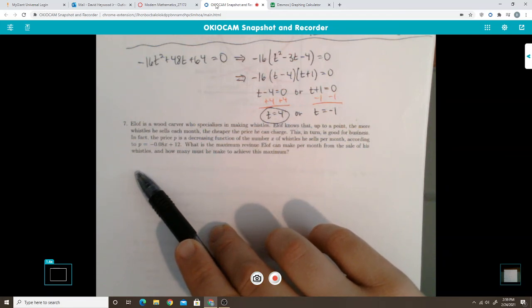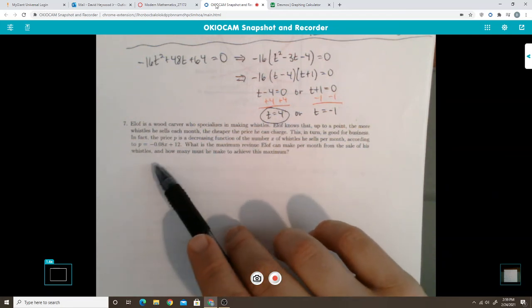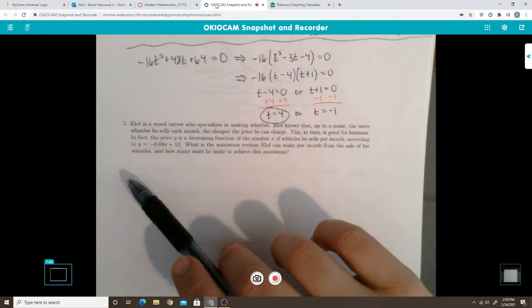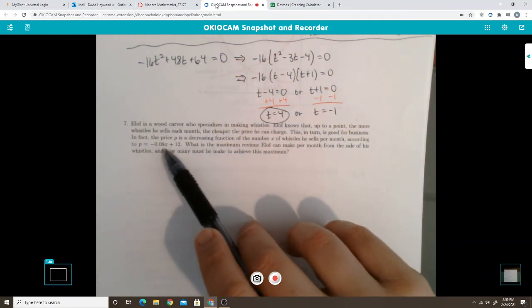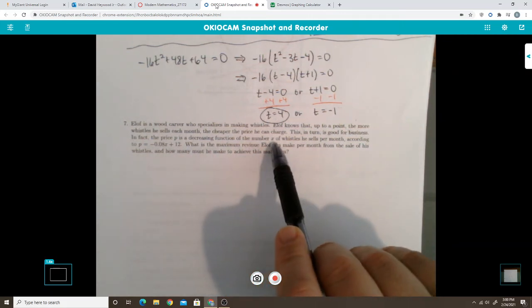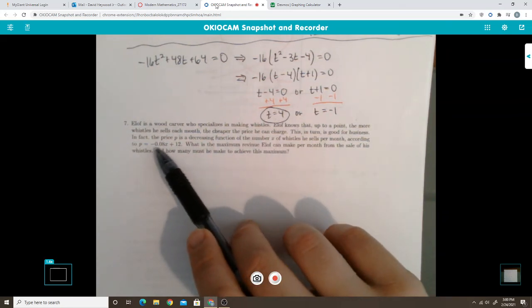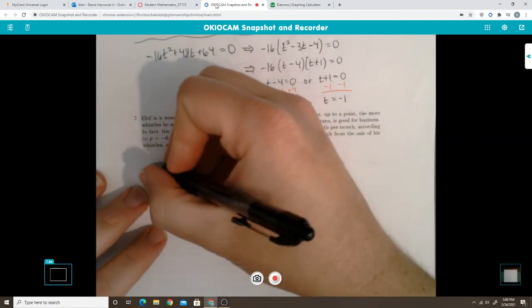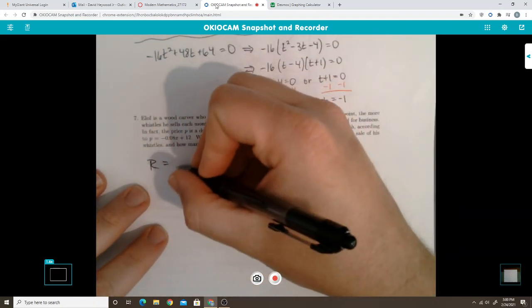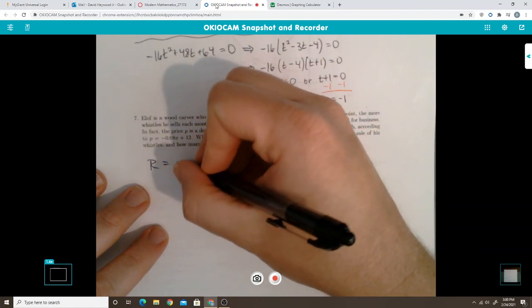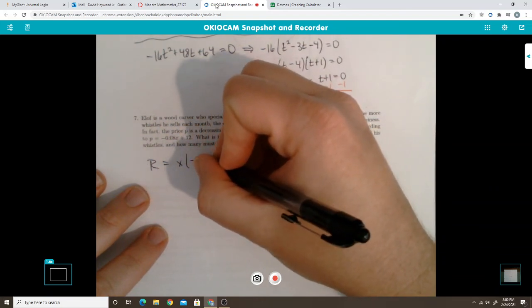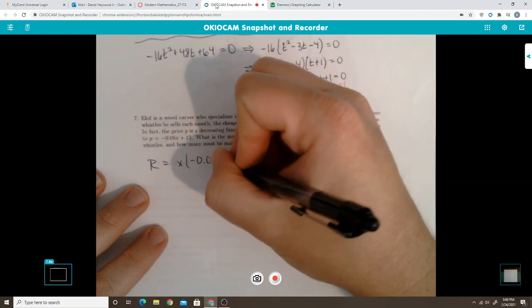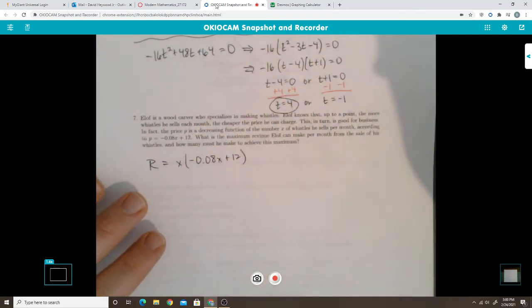Then for 10 whistles you're going to charge $20, right? It's 2 times 10. So you have to take the number of whistles that you sell times the price of each whistle. So if you're selling X whistles, then the revenue, R, is going to be X times the price, negative 0.08X plus 12.